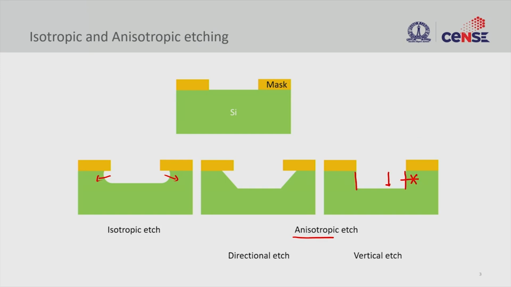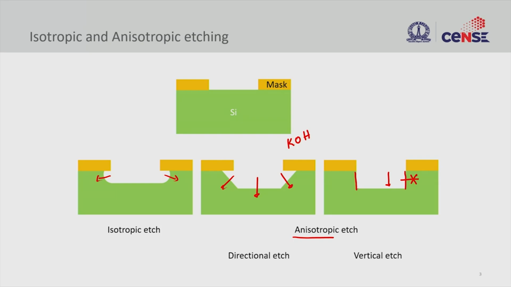However, some chemicals, for instance KOH, potassium hydroxide, etch silicon in a directional way. That means, based on the crystal orientation, you will see a directional etch. In this case, we cannot call it isotropic; it is still anisotropic. It is a directional etch: in some crystal planes the etch rate is higher, and in others you will have a very low etch rate.